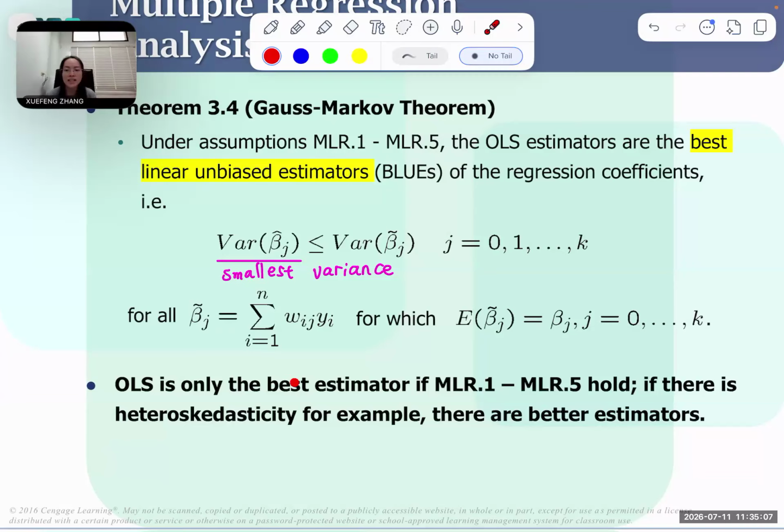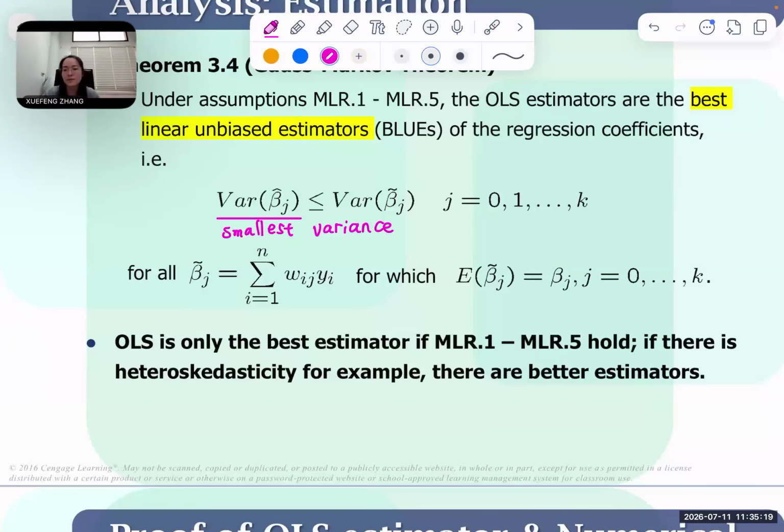This is exactly why later in the course, when we relax MLR5, we will need new tools like weighted least squares or robust standard errors. OLS's prowess as best isn't unconditional.